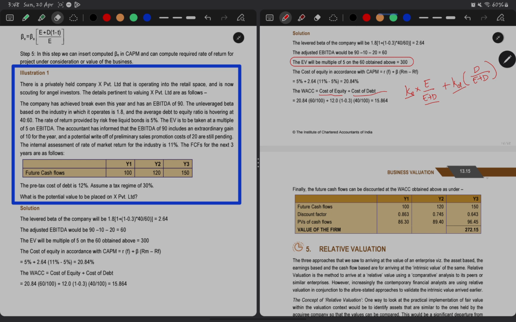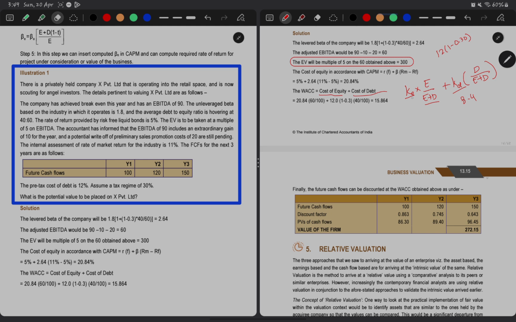Here cost of debt is after adjusting the tax rate. So pre-tax rate is 12 percentage, so 12 into 1 minus tax rate, which is 30 percentage, will give us 8.4 as the KD.